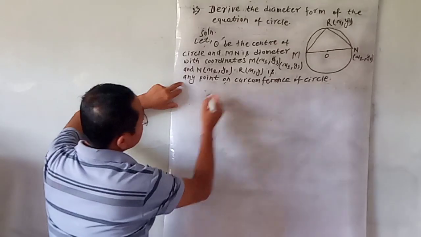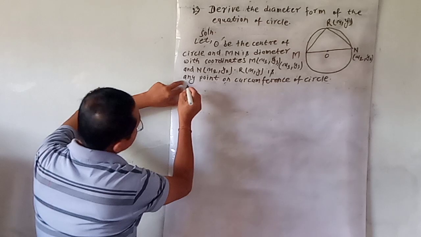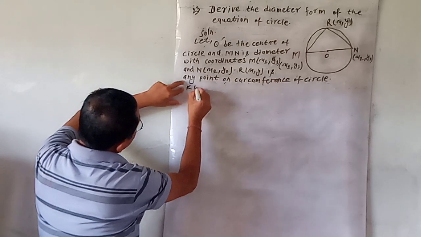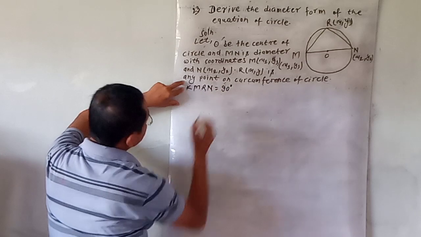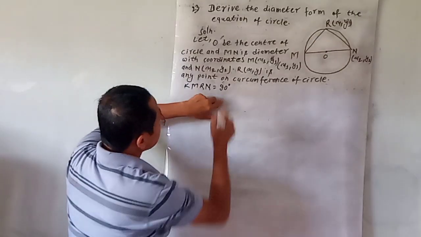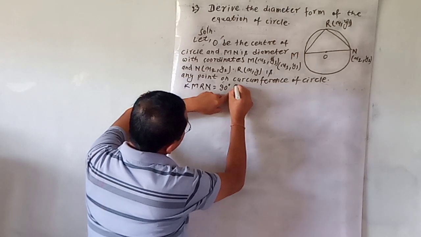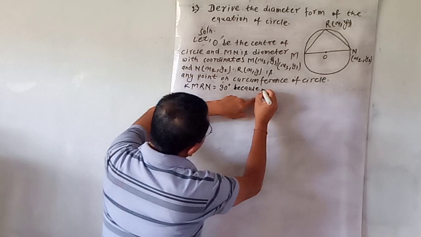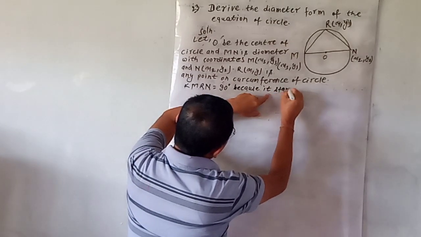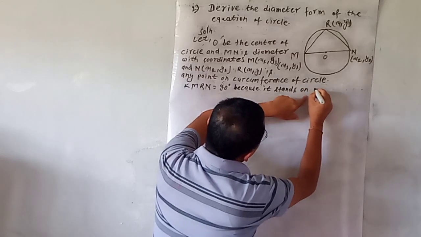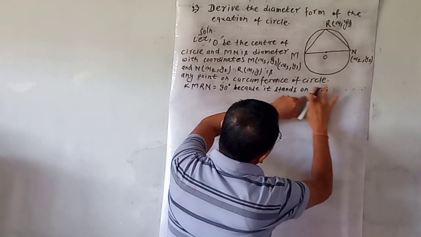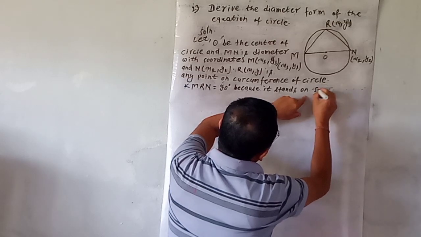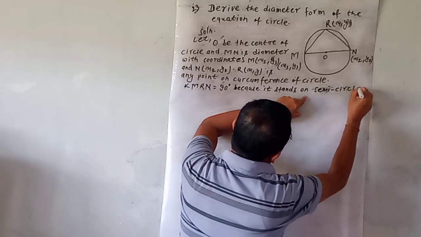So here angle MRN is equal to 90 degrees. Why? Because it stands on a semicircle.